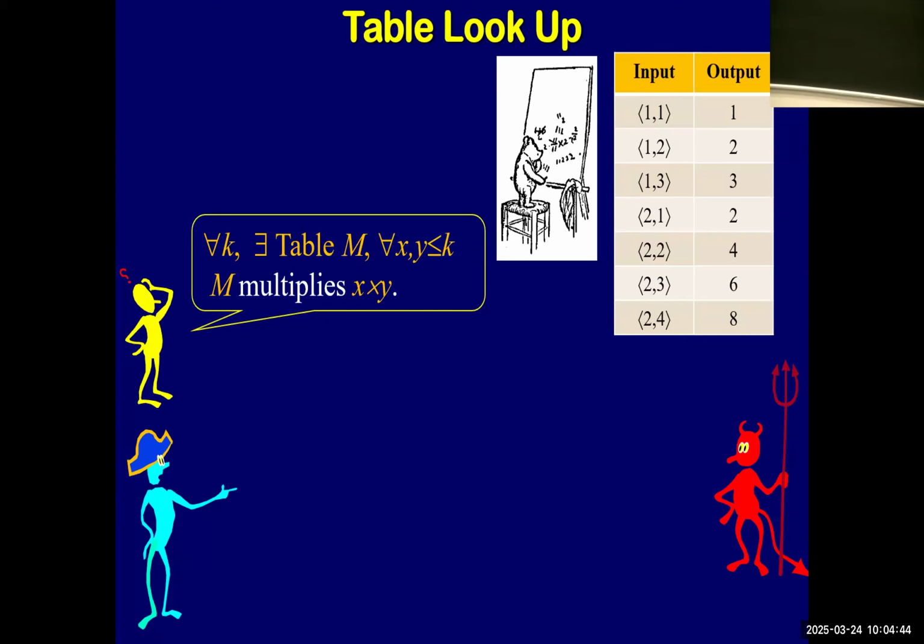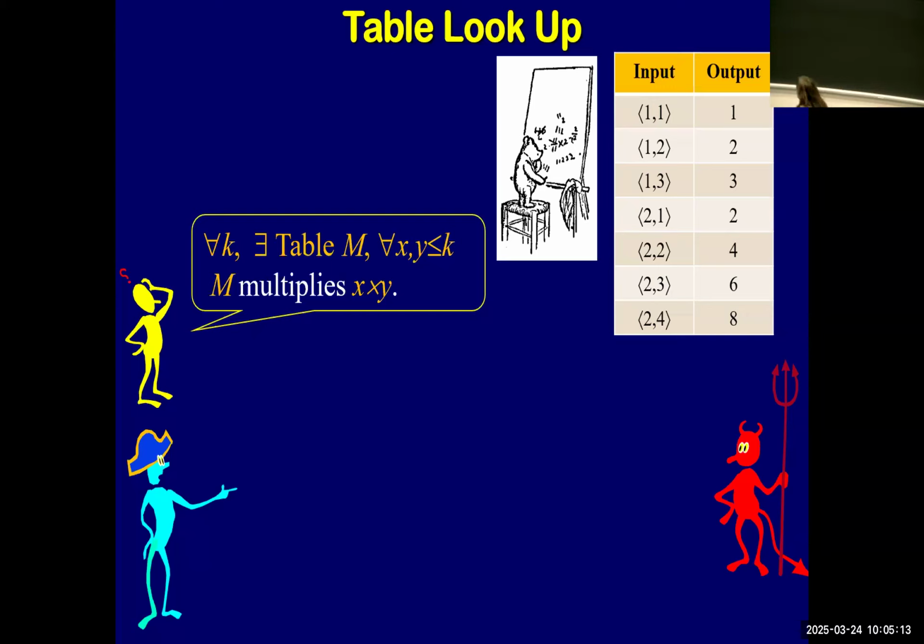And what does that table do? Well, it's an algorithm within my model. What is it able to compute? You can give me any values of x and y that are at most k, and then this table will multiply x and y together. People following what this says? Do people believe it's true?